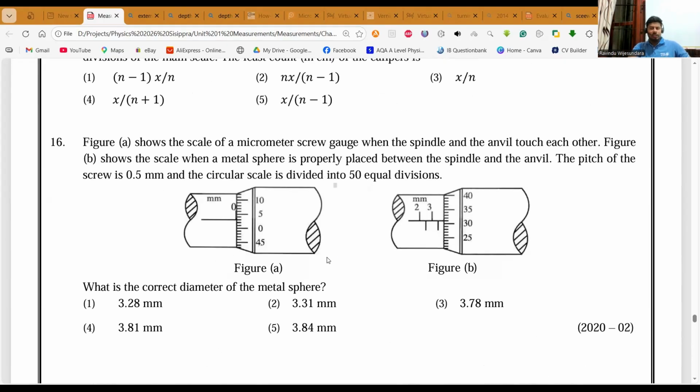I will try to bring a real micrometer screw gauge, but I'm not sure whether I will be able to get it by Thursday. We'll see. If there's any possibility, I will show you the real-life micrometer screw gauge.